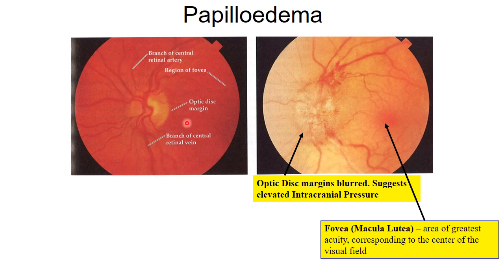And right here, again, this is a healthy eye, and we can see the margins of the optic disc. We can see the central retinal artery entering the retina right there in the center of that optic disc. What we can't see are axons from retinal ganglion cells going here and also exiting through this optic disc. And then right behind this is the optic nerve.